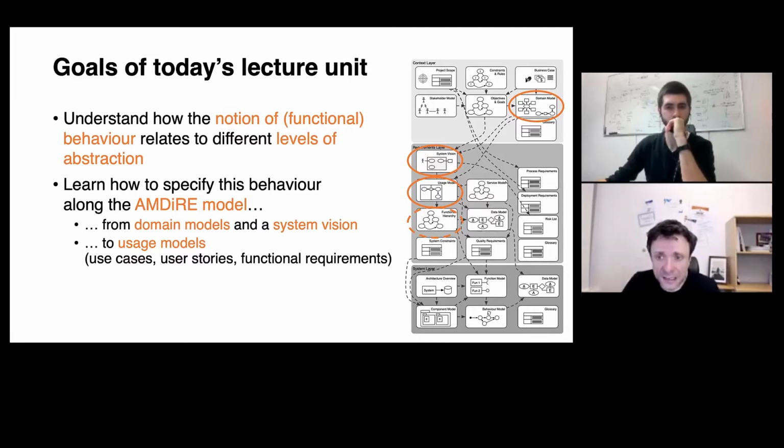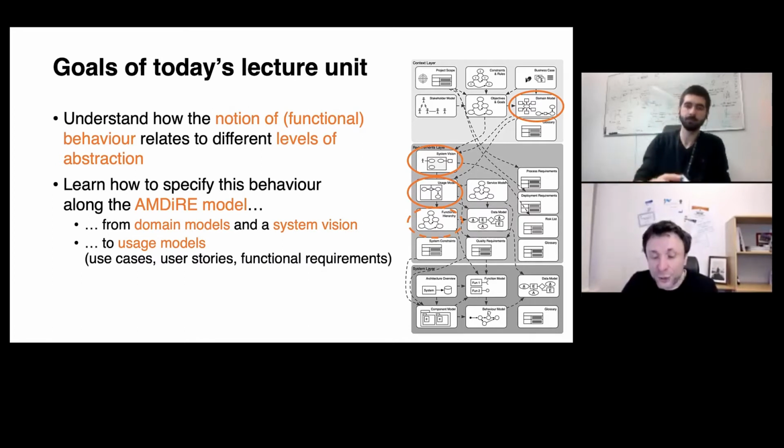Now, before starting, maybe a small disclaimer. When it comes to the specification of functional behavior, the literature is literally full of different approaches, thousands of approaches, of definitions, specification templates, representation techniques, notations, and so on and so forth.